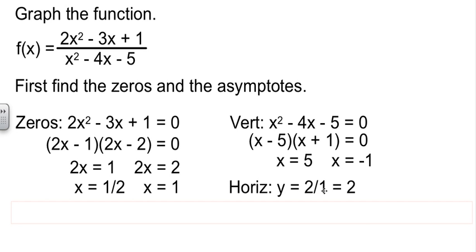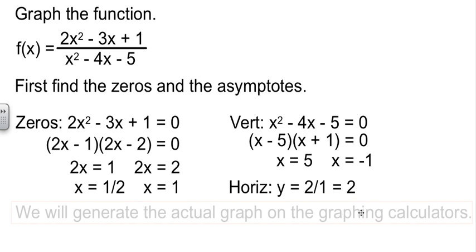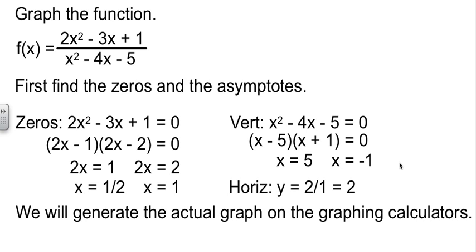So 2 divided by 1, which is 2. And like I said, we'll get the actual graph from the calculator. But we're going to have these things already marked on our graph that you're going to draw for me so that you can use that to help with the drawing part.